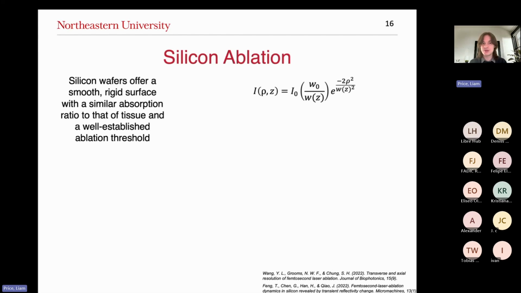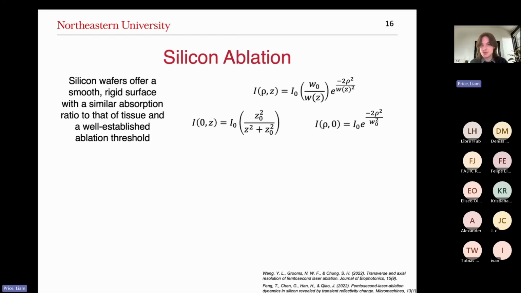And so what we did was we started with the Gaussian intensity profile of the laser, and we broke that up into the axial and the radial components. So just at the center and then along the axial direction.